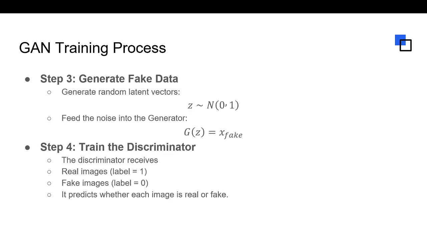Then we need to generate a fake data set from random noise. With the help of random noise, we can generate a fake data set, which is called a synthetic data set. Once the synthetic data set has been generated, we need to train the discriminator.